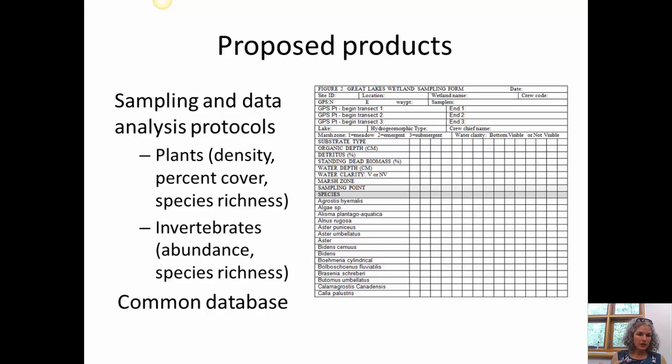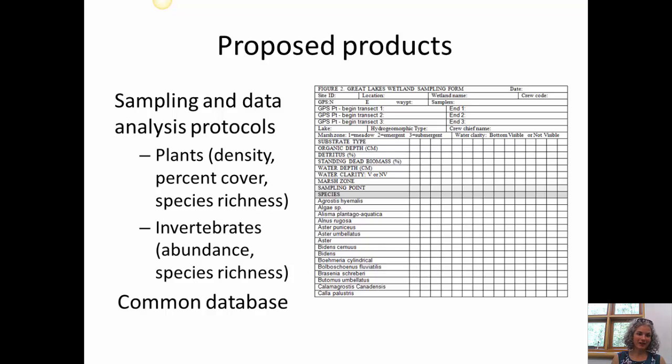So we think that you're going to be able to go out there and measure things like invasive plant density and invasive plant percent cover. And rather than getting to know all of the species that you might possibly encounter in a Great Lakes coastal wetland, like you see listed here, this is just A through C. There's several pages of plant species names that are commonly found in Great Lakes coastal marshes.